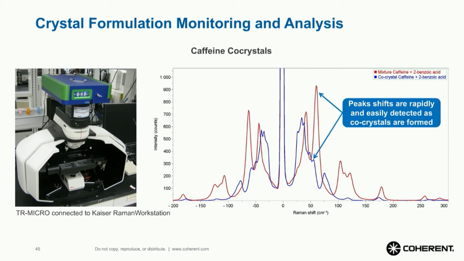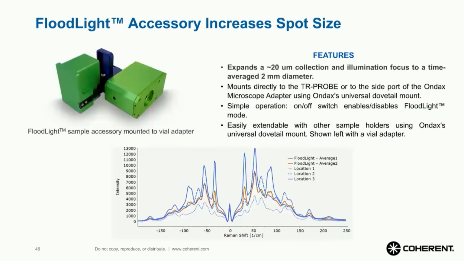In this case, we're seeing in red a physical mixture of caffeine and 2-benzoic acid, but when you form that co-crystalline bond, you can then shift to the blue curve, which gives you this co-crystalline complex. As you form that crystalline bond, it changes the vibrational degrees of freedom in this low frequency portion of the spectrum, and that's what produces these corresponding shifts in the spectrum that are easy to identify.